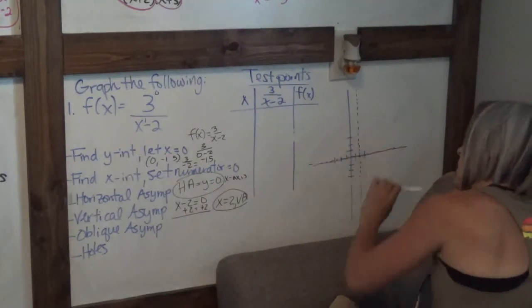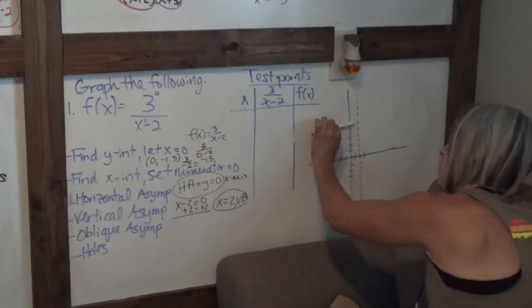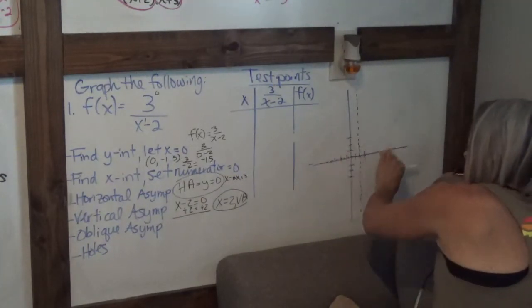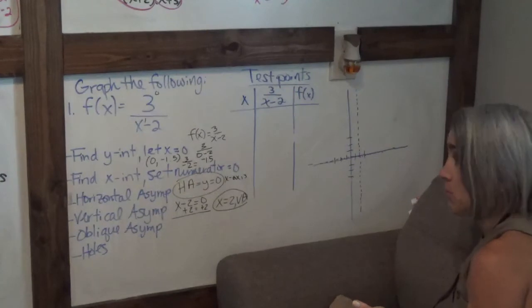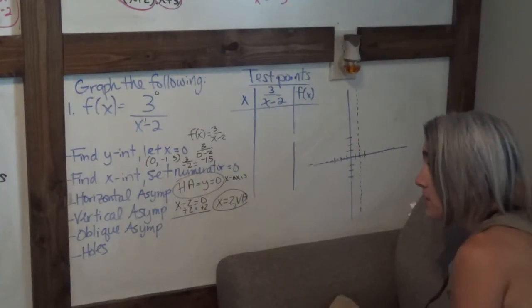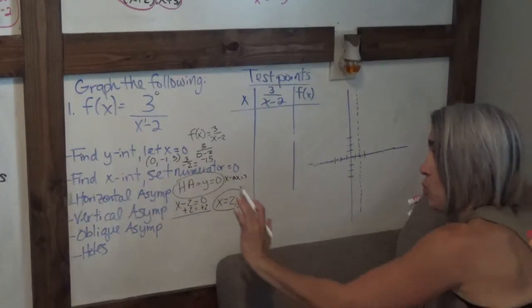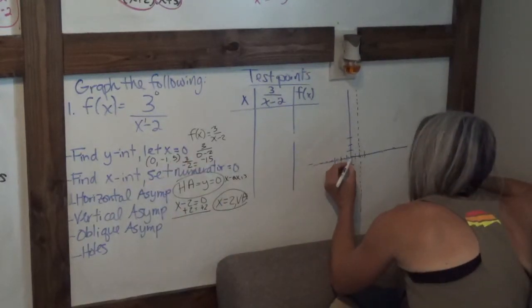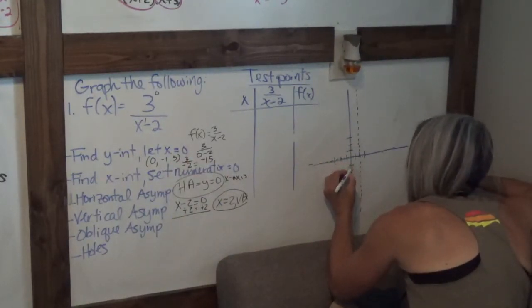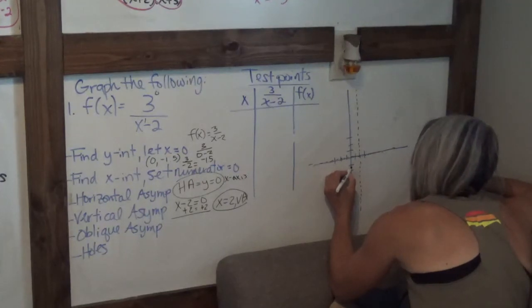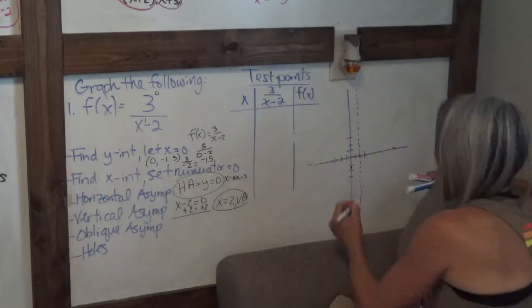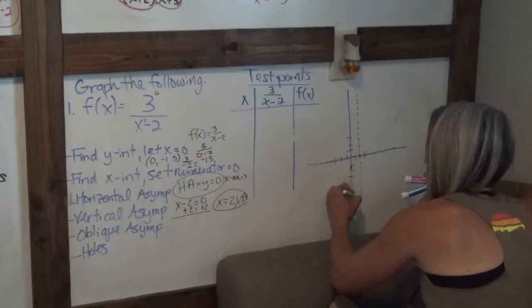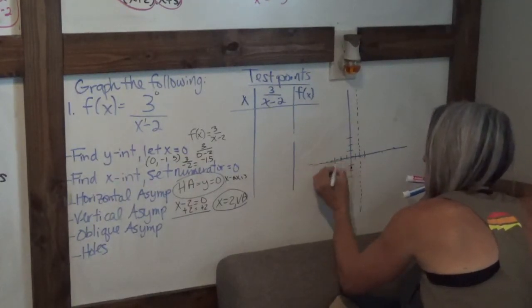Now we have to determine if it's above or below. We're going to do some test points. Let us first graph this y-intercept, (0, negative 1.5), so that's about here. This tells me the graph is going to be in this area down here. It's not going to cross.